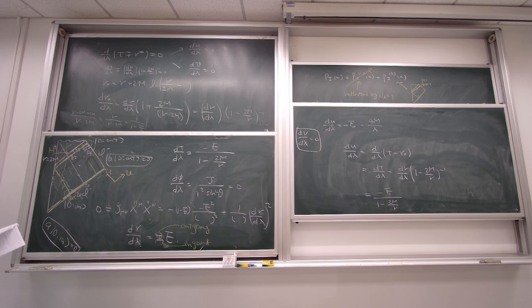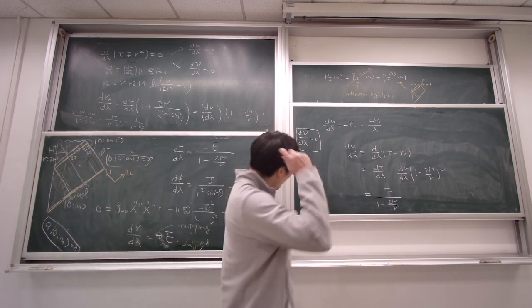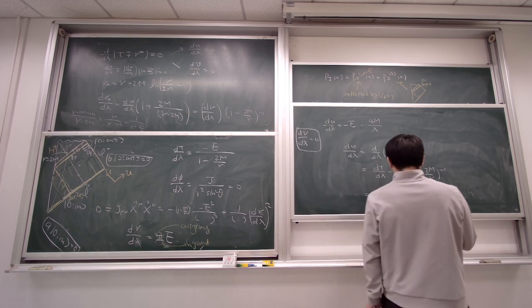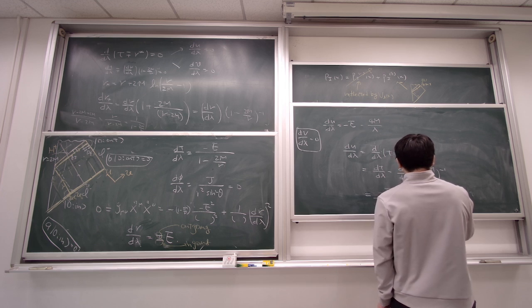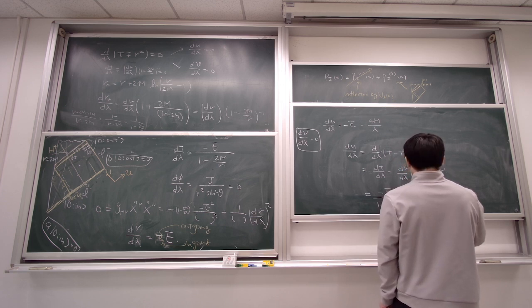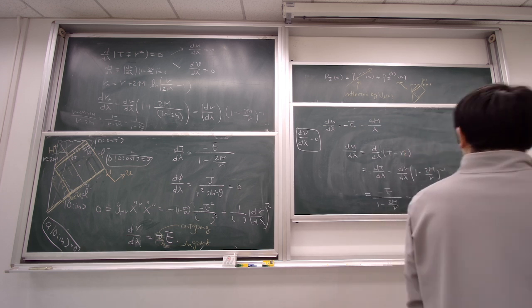I thought this is equal to minus epsilon times 1 minus 2m over r. Okay, that's not good.